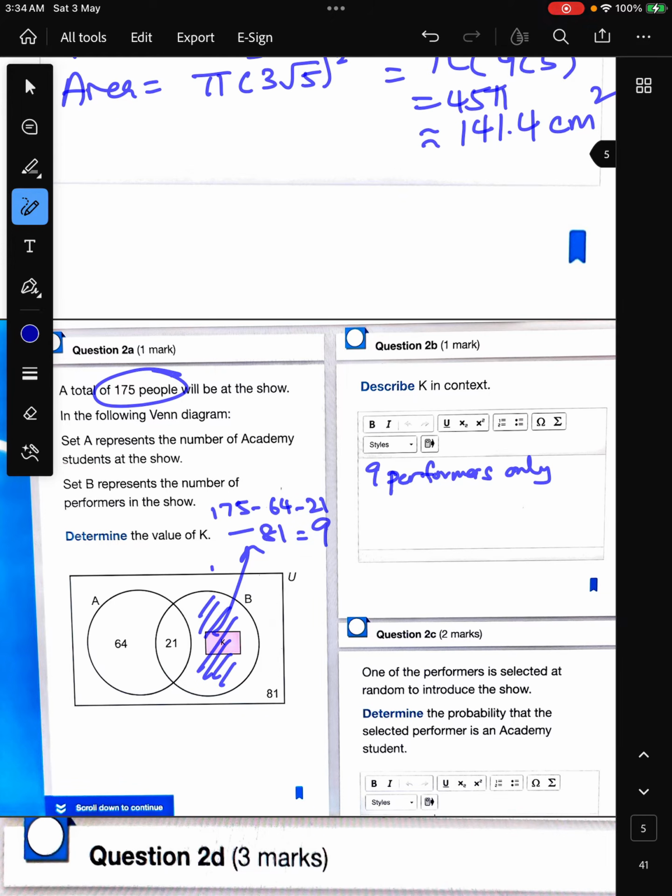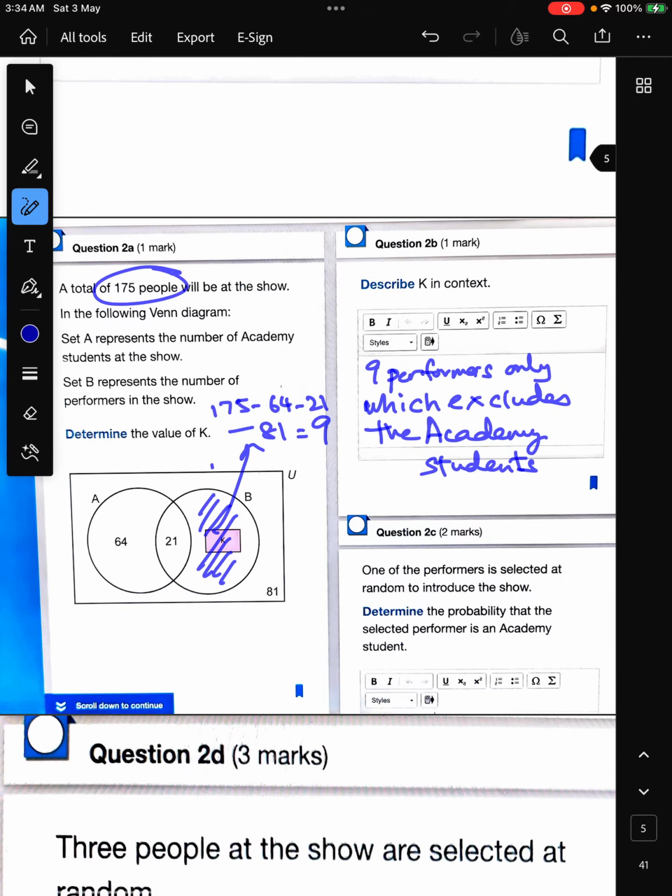So we need to say that there are 9 performers only, which excludes the academy students. Okay, so we want to be a little more precise with our answers, because it does not include A, so it must exclude the academy students as well.